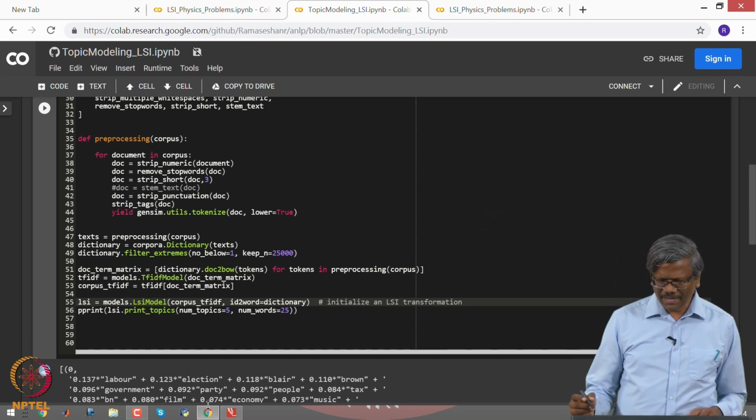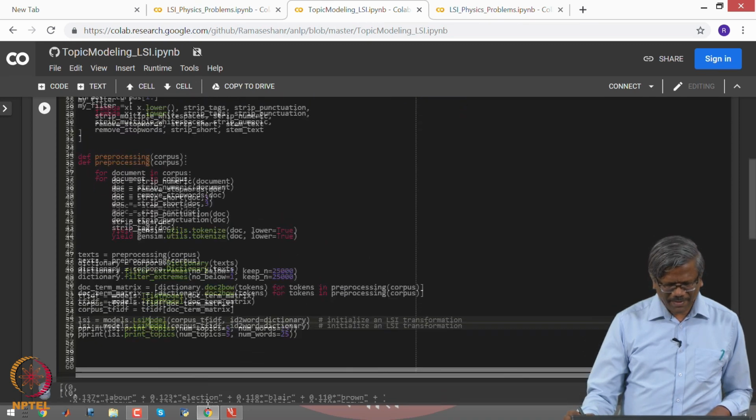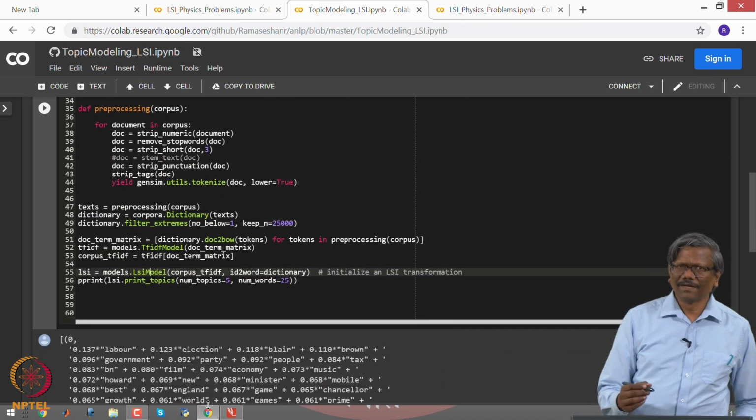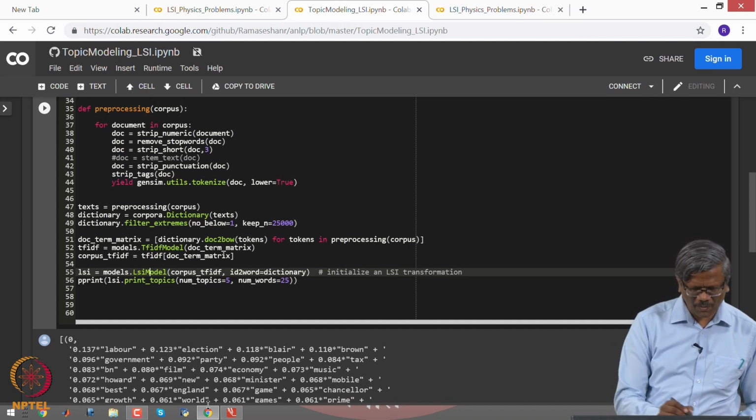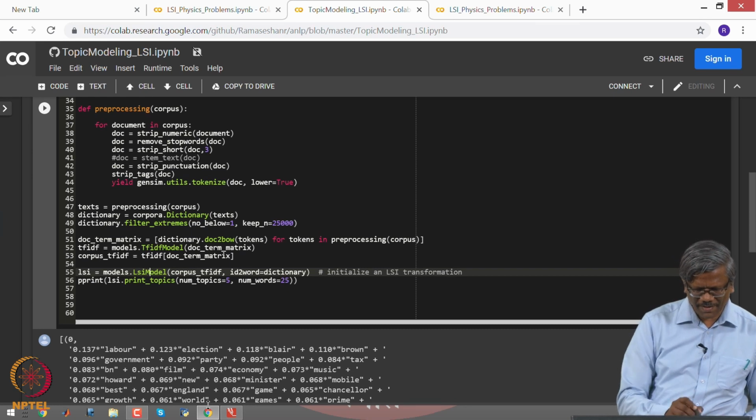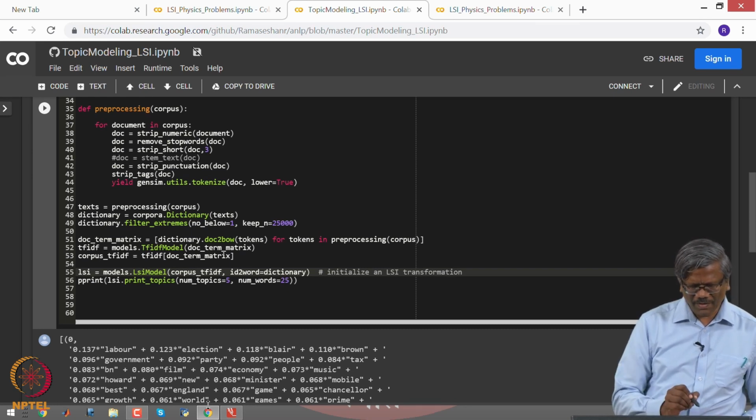Again, in this case I am computing the TF-IDF, and I have added a little more additional functions for the pre-processing. One is I am taking off all the numeric using this strip numeric function. I am removing stop words given by the GenSim.